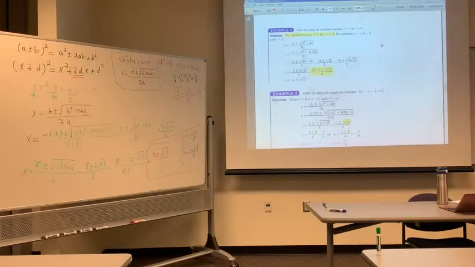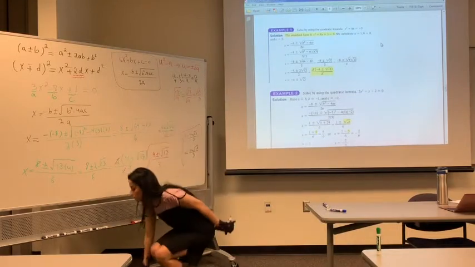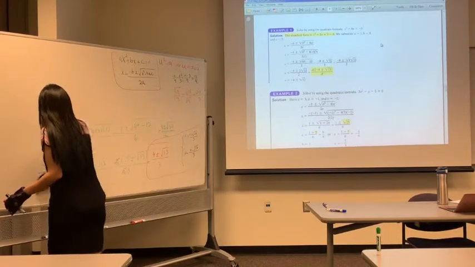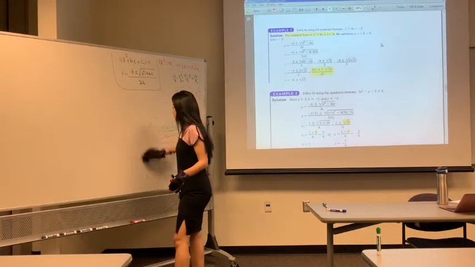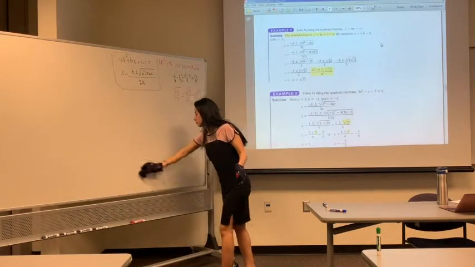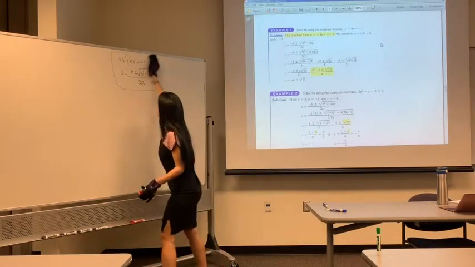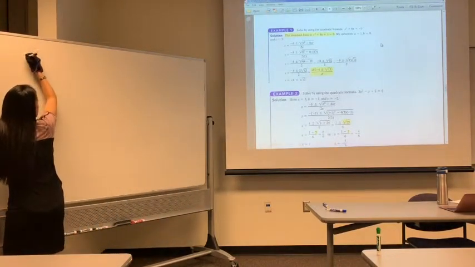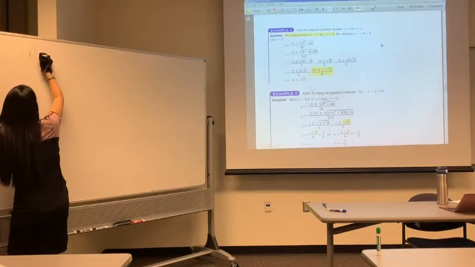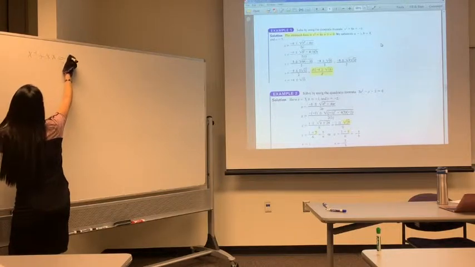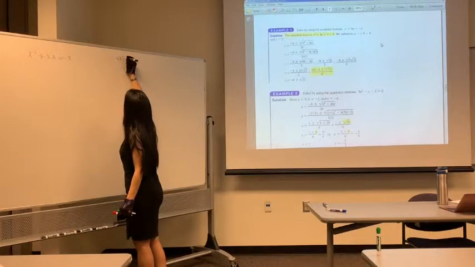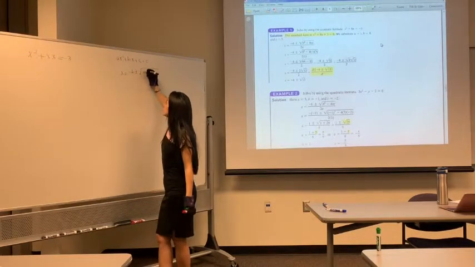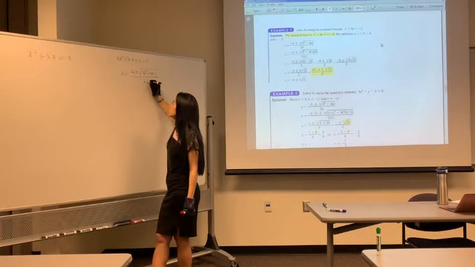Okay, this one. x squared plus 8x equal to negative 3, and ax squared plus bx plus c equals 0 is x equal to negative b plus minus radical b squared minus 4ac divided by 2a.